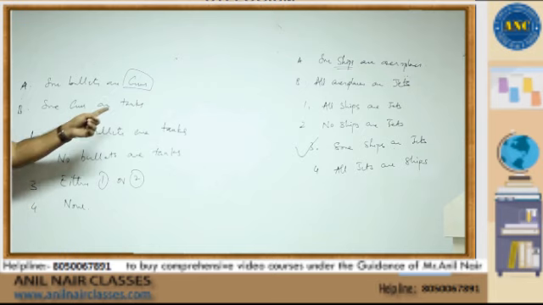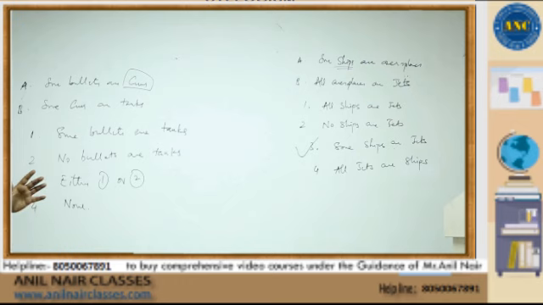So some bullets are tanks or no bullets are tanks, either of these has to be true. If you want me to explain using a Venn diagram, I can, but I don't think it's required. Logically, one of these has to be true. Yes or no? Yes. So this is one situation that will definitely come. On this, I'll give you some small notes you can take down, which will help you in any situation.